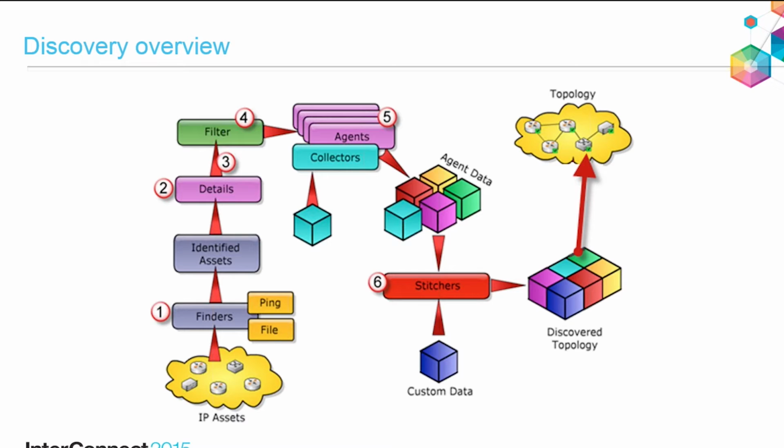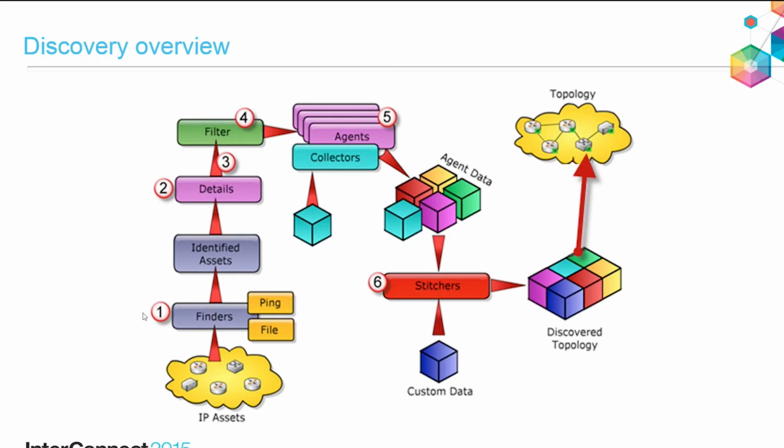It also looks at all the connectivity. So it'll look at all different layers, building the connections from layer 2, layer 3, and so on, OSPF, all the other logical links and physical links, and put those together. So that results in the discovered topology. It's the same data, but now we've got all the links there as well.